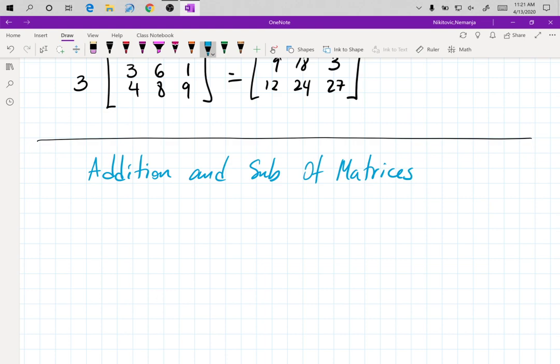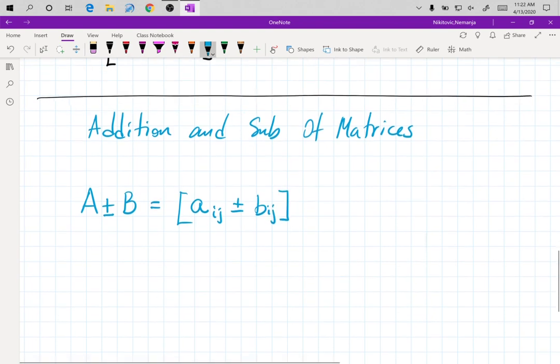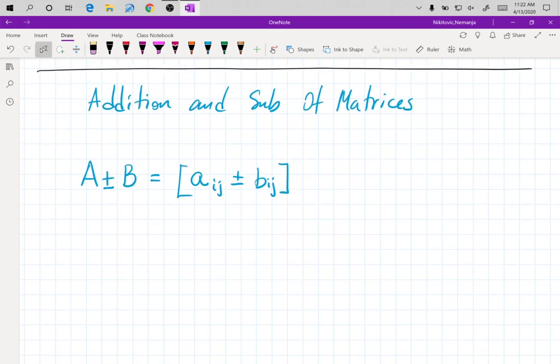So let's say that matrix A plus or minus matrix B is going to be Aij plus or minus Bij. That's the formula. Now this formula says something very important, which I'm going to write in blood.